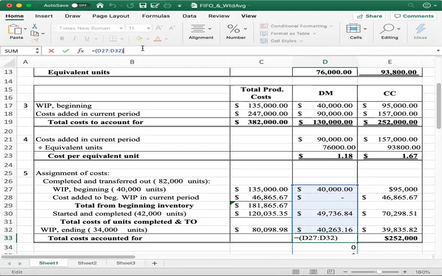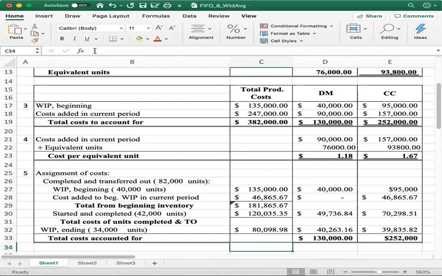So we have D27 and then we have D30 and then we have D32. Oh, I forgot to add the sum part here. No wonder we're getting an error. So 130,000. All right. And then the sum of this part here.